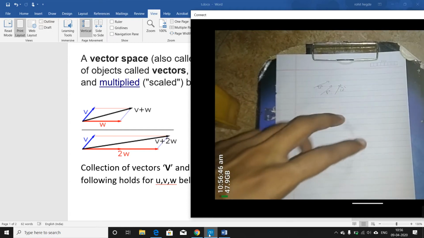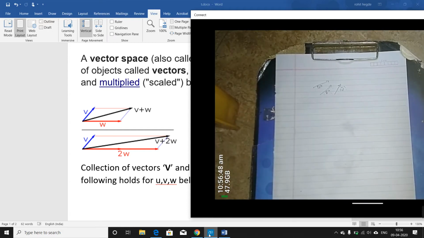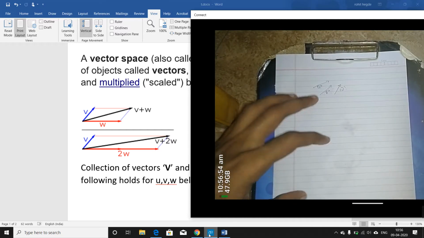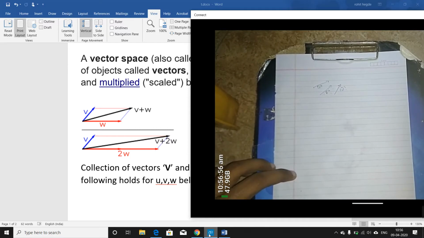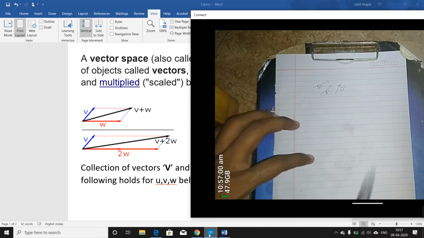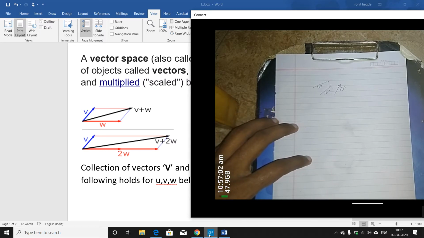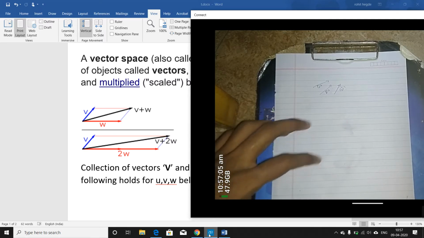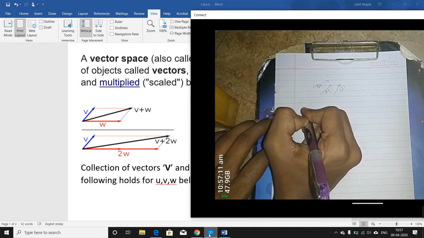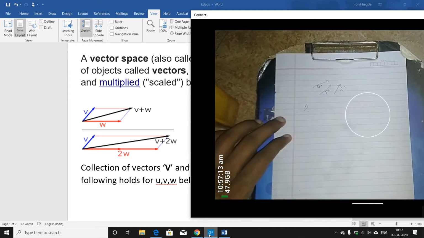If we want to call this a vector space, then these three vectors should satisfy the following axioms. Meaning if many vectors are there, they should satisfy these axioms. Let's discuss those axioms one by one. There are 10 axioms. The first axiom is vector addition.